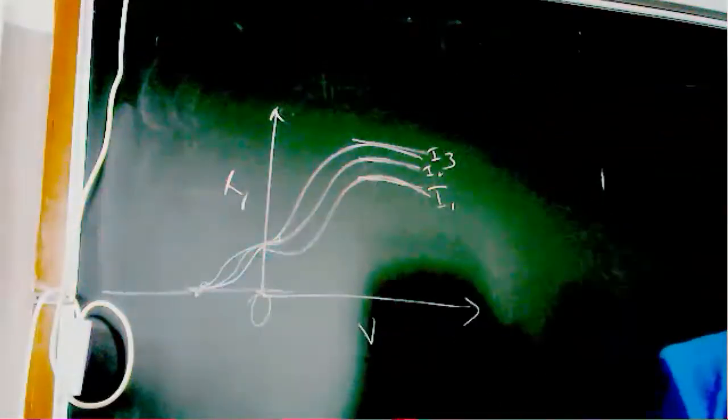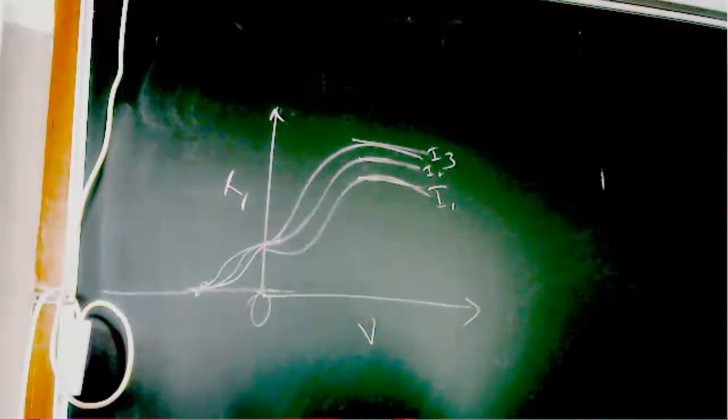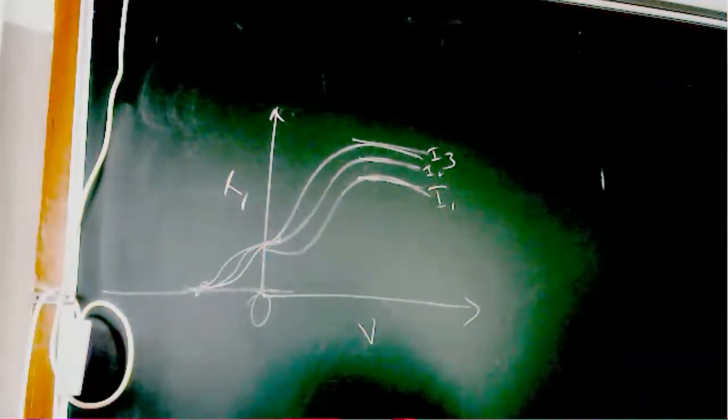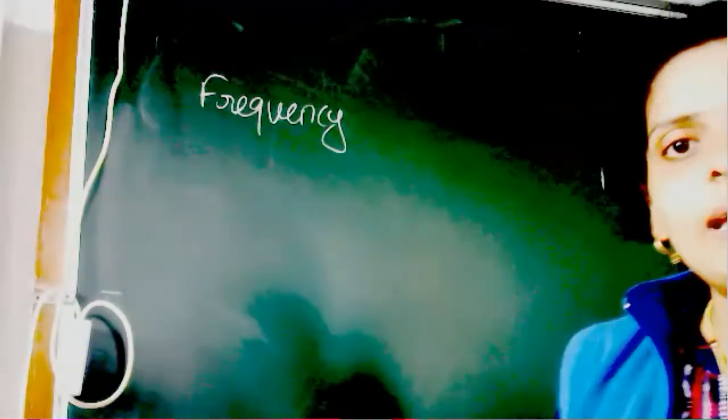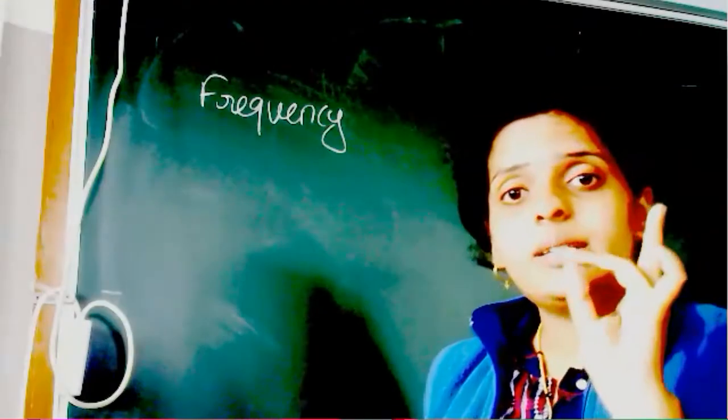The next point we will see is the frequency. Next we are going to discuss how frequency is going to affect. The first factor is intensity of light, the second factor is potential, the third factor is frequency.